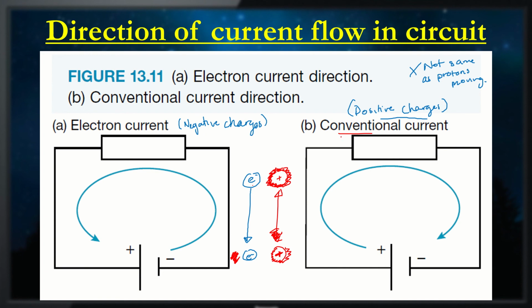The other reason was when we first investigated electric currents, we had this idea of a positive potential or high potential to low potential. So the original concept was the positive end of any circuit was the high potential point, and any negative point was the low potential point.